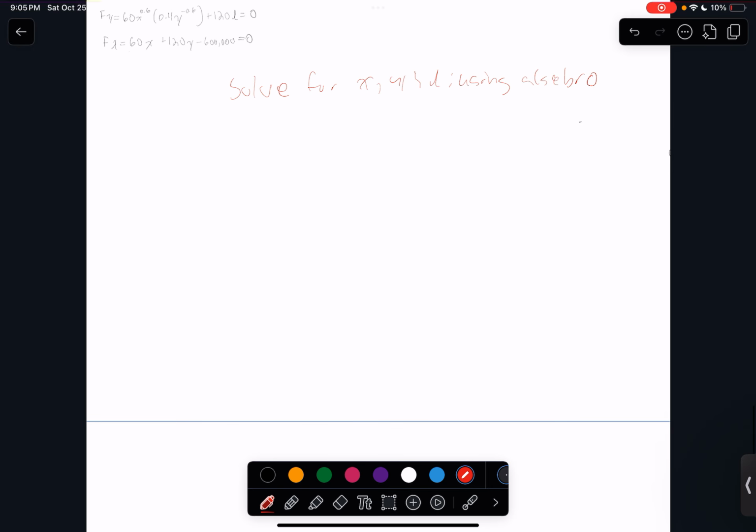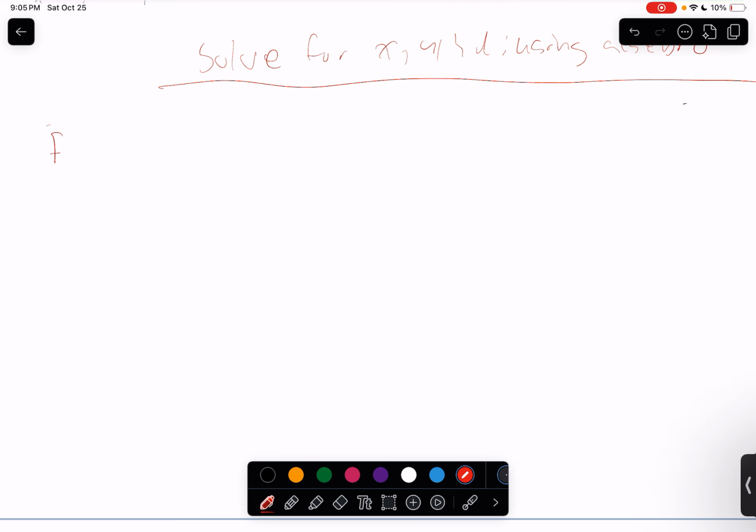All right, so the first thing we're going to do here is write down our function for fx, which is going to equal 36 to the power of negative 0.4, y to the power of 0.4, plus 60 lambda equals 0.